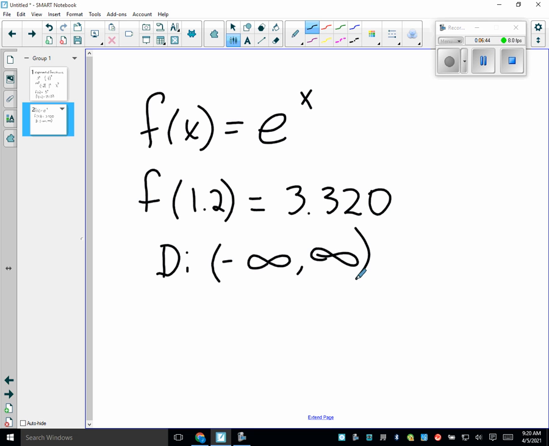Next is the range. How far down does this go? 0? Yep. Can it be 0? No. So the range is 0 to infinity.